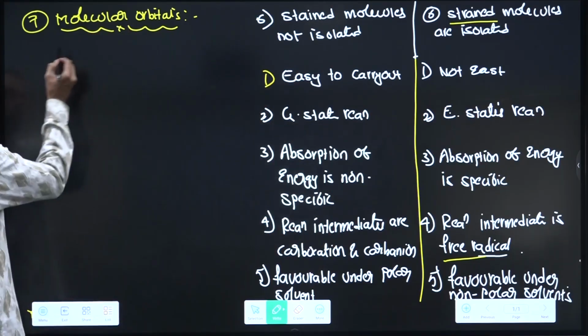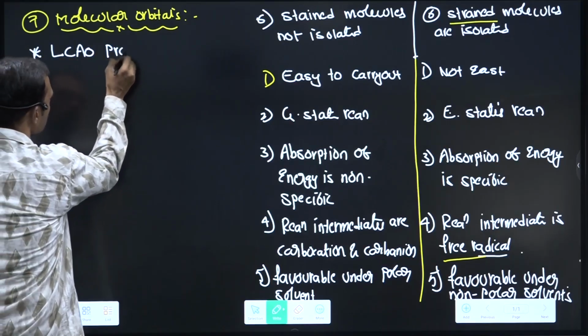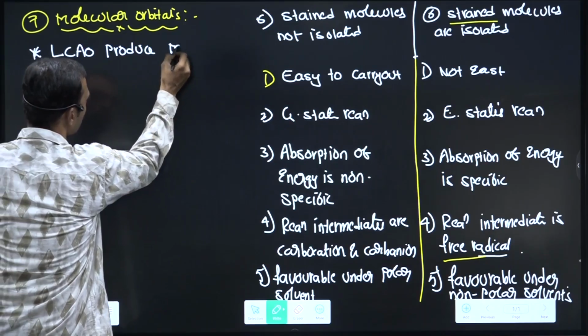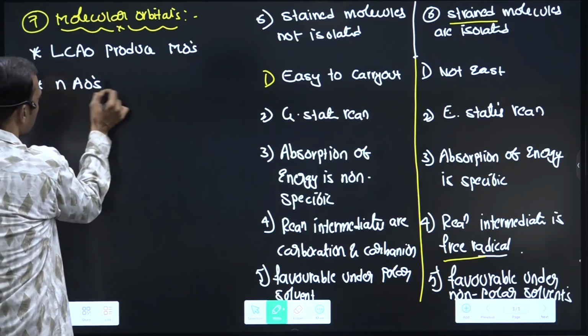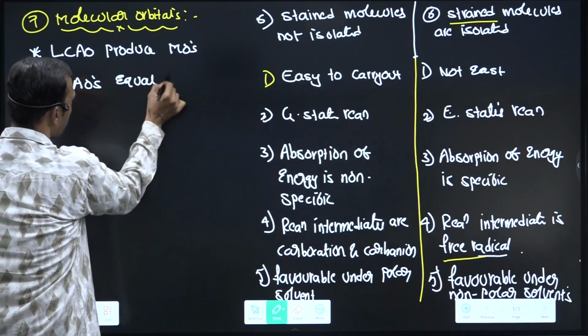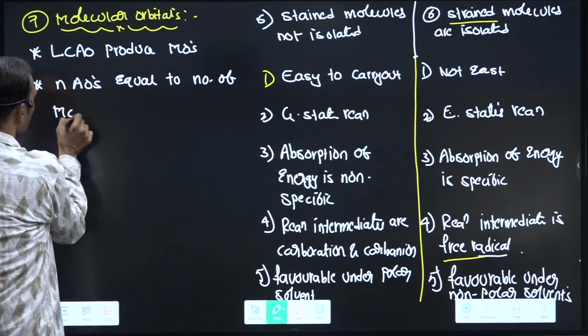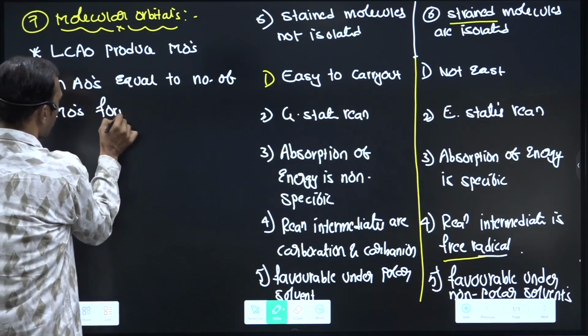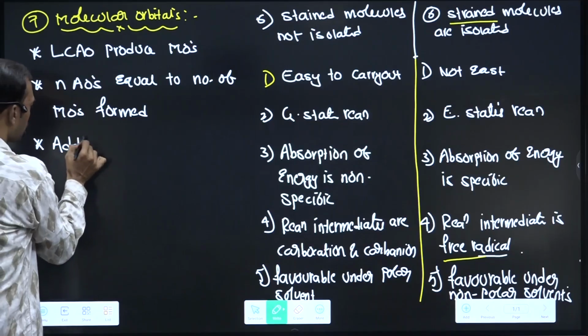Okay, so we know that linear combination of atomic orbitals produces what? Molecular orbitals. The number of atomic orbitals is equal to which one? The number of molecular orbitals formed. So what about additive combination?